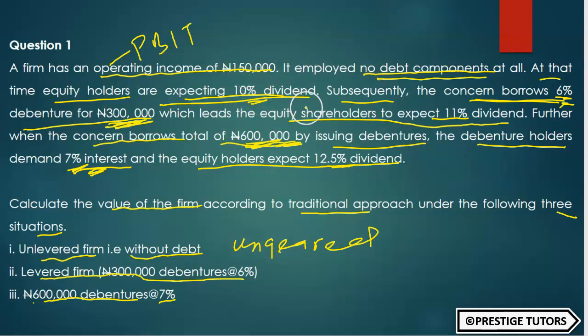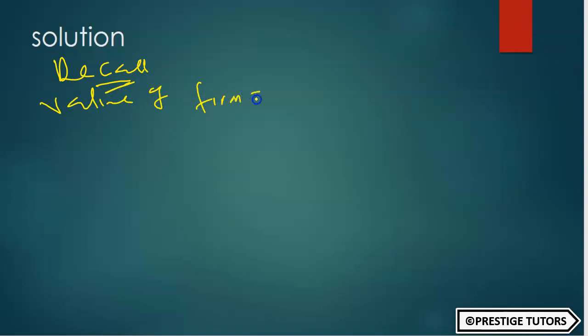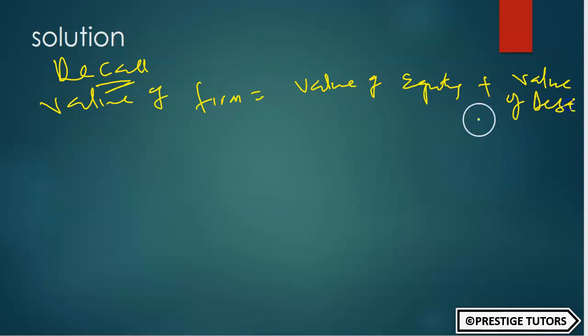But do we have the value of equity? Value of equity is not stated, but it needs to be calculated. How do we calculate value of equity? Recall that value of firm is equal to value of equity plus value of debt. Therefore, value of equity.